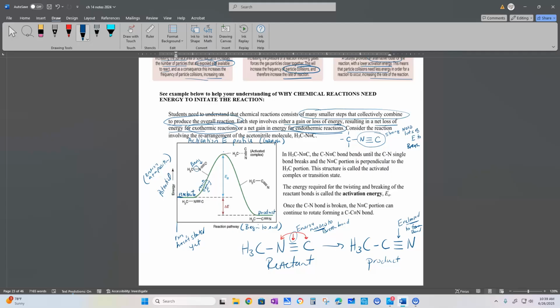The top of the peak is called the activated complex. But what about this energy required to get the reaction started? It's called activation energy. The energy required for the twisting and the breaking of the reactant bonds, just the bond that you're trying to break, is called the activation energy.